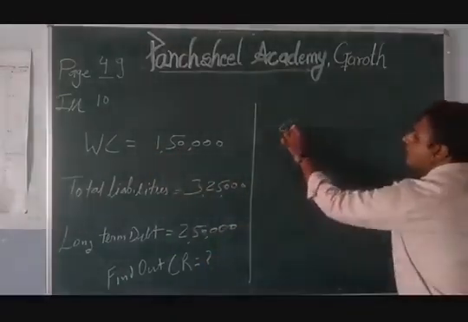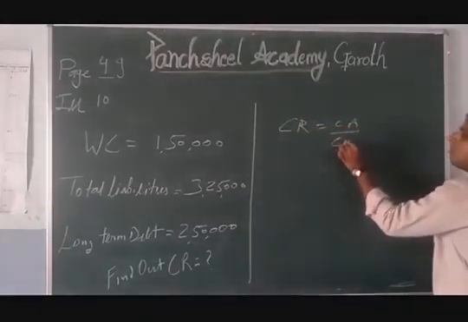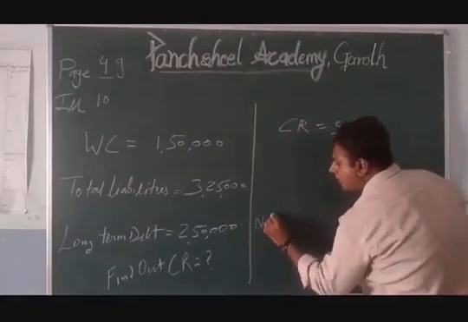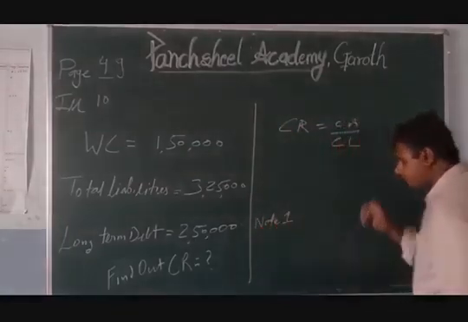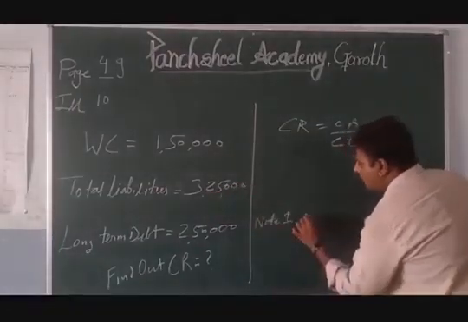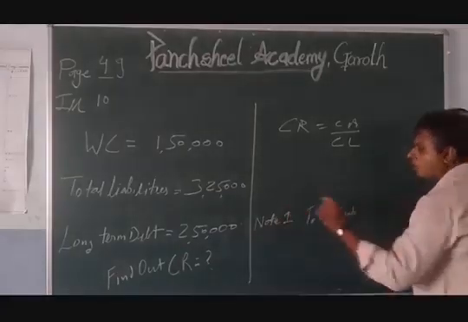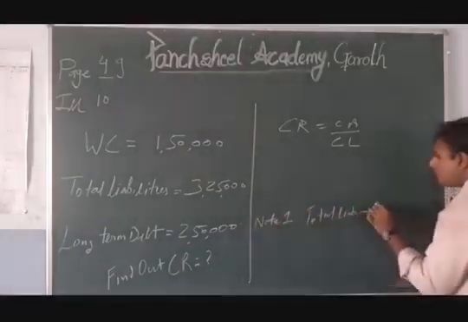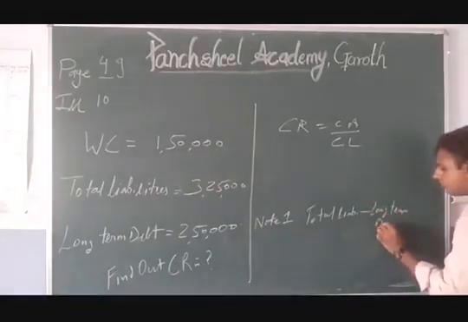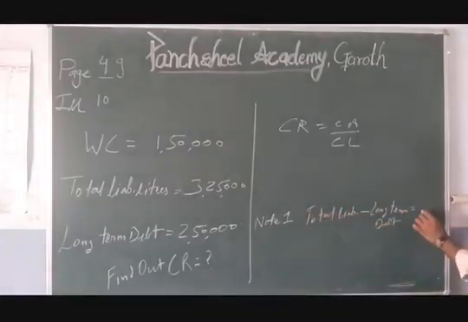Okay, see the solution here. Current ratio is equal to current asset divided by current liability. See here, total liability minus long term debt is equal to what?